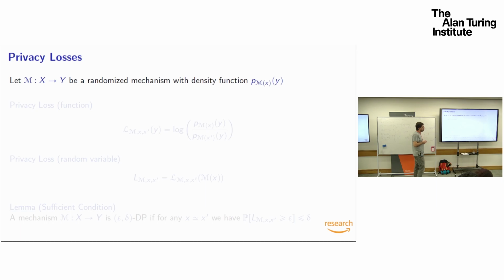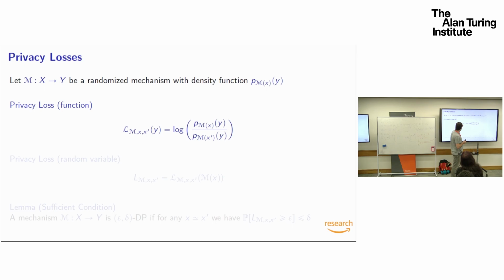So let's introduce some more notation. Recall that we have M, a randomized mechanism from X to Y, and the density of the output distribution of the mechanism is P of M(x) at a point y. With this, I'm going to define the privacy losses. We have a privacy loss function, which is just a relative likelihood.